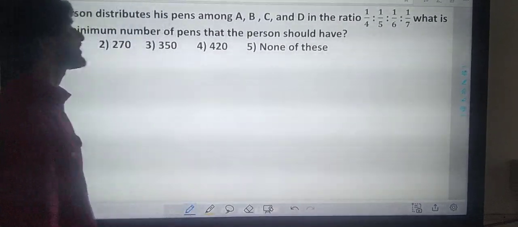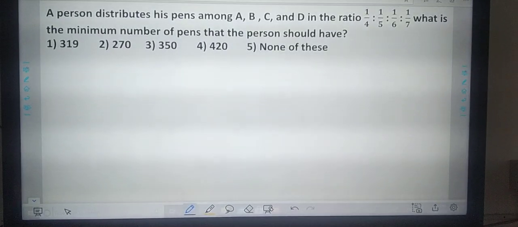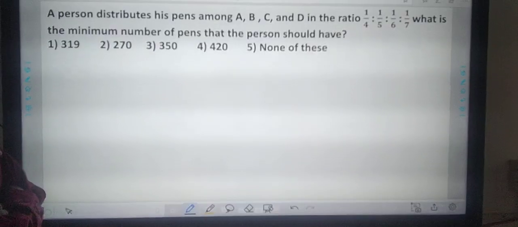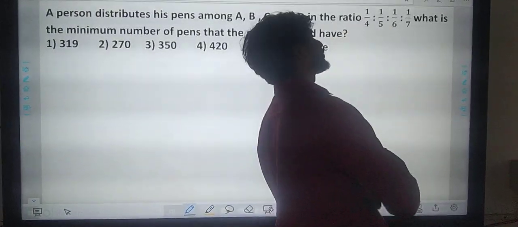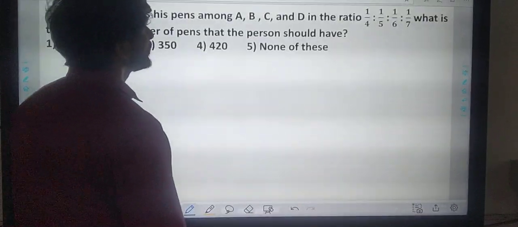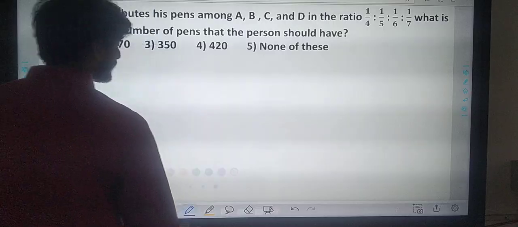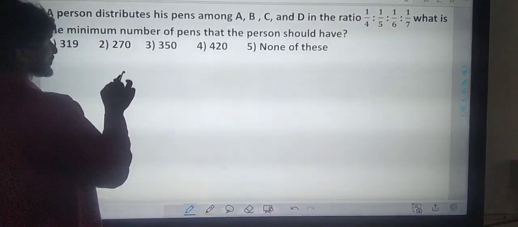A person distributes his pens among A, B, C and D in the ratio 1/4 : 1/5 : 1/6 : 1/7. What is the minimum number of pens that the person should have?